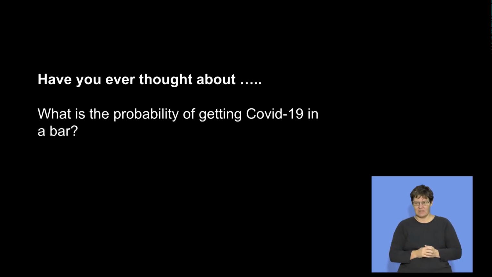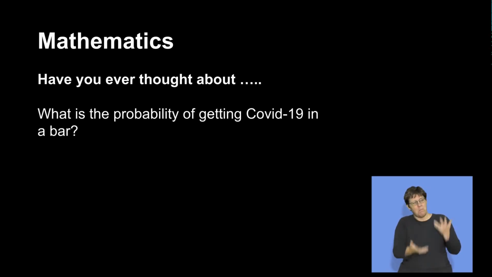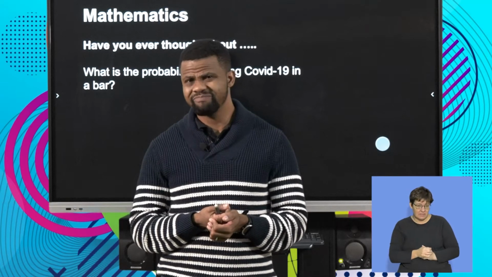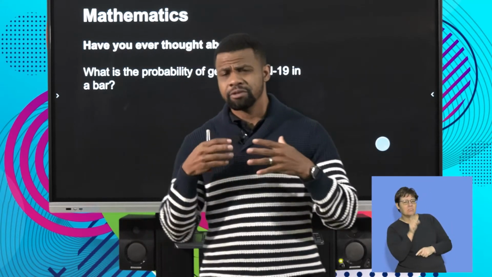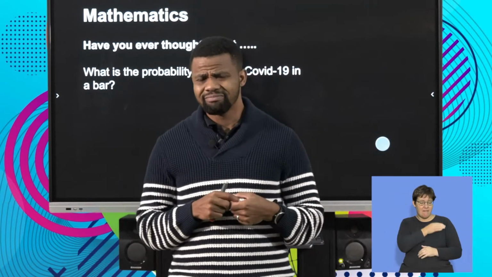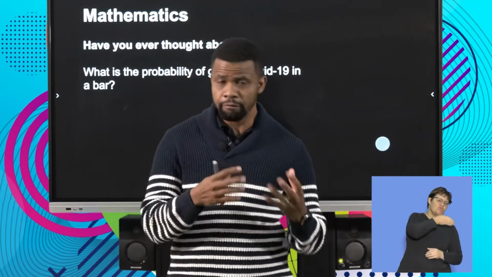So on the probability. Before we do that, have you ever thought about this? What is the likelihood, when I talk about probability or likelihood, just saying the same thing, of contracting COVID-19 at the bar? Okay, so I'll encourage you to do a little bit of research and just check that, because usually at the bar, while you're drinking your coffee or whatever, you don't wear your mask.